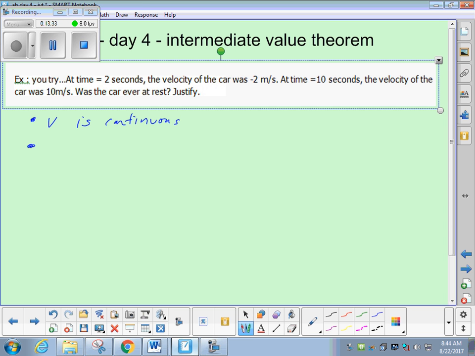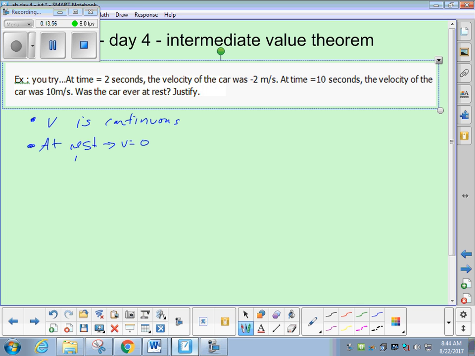This one requires you to do a little reading between the lines. I know I'm going from a velocity of negative 2 meters per second to 10 meters per second. What does at rest mean? At rest means not moving. Not moving means no change in position over time, which means velocity is 0. At rest implies velocity is 0.